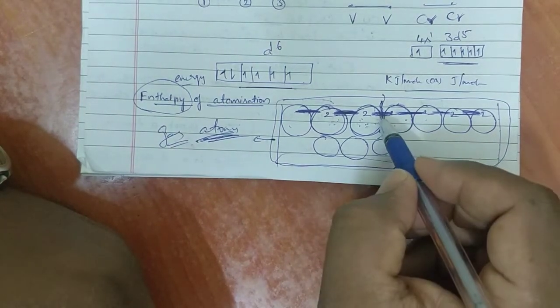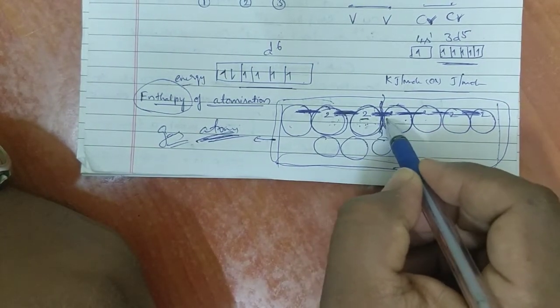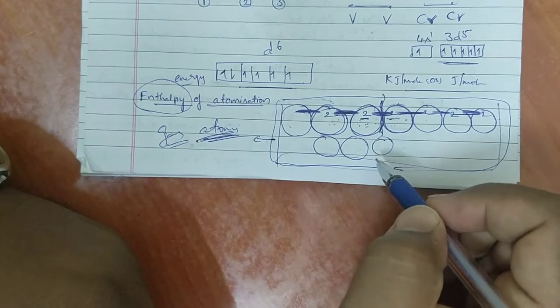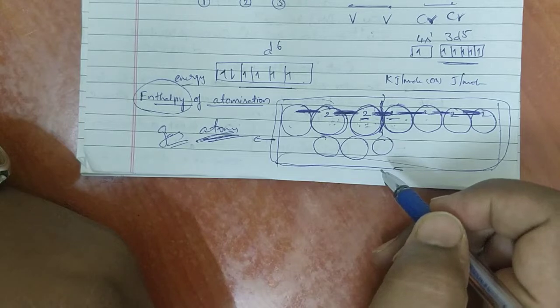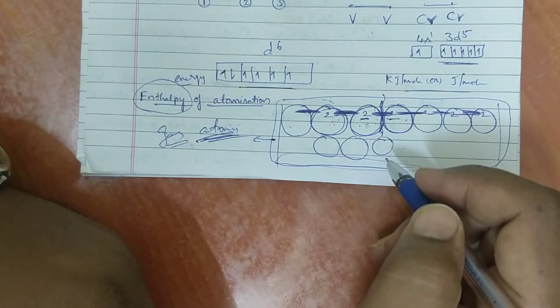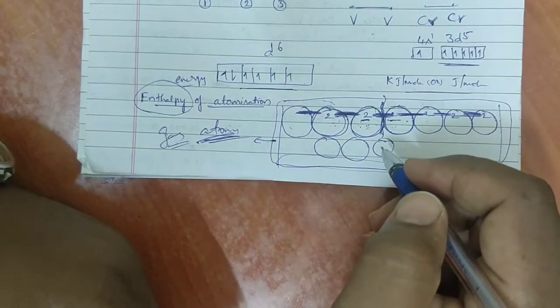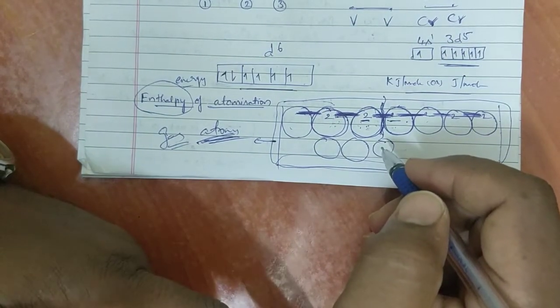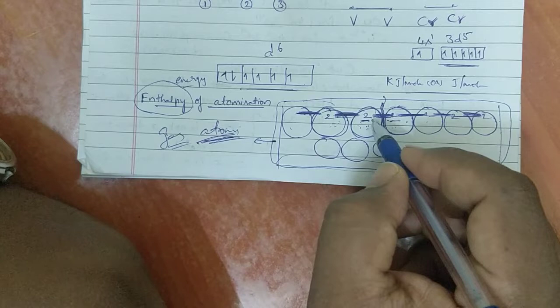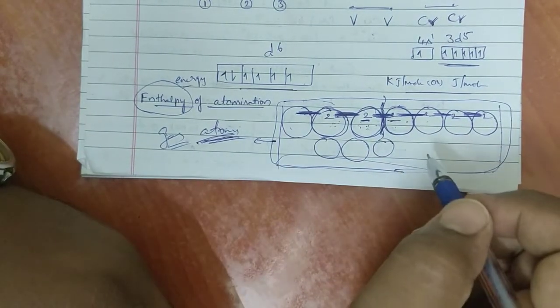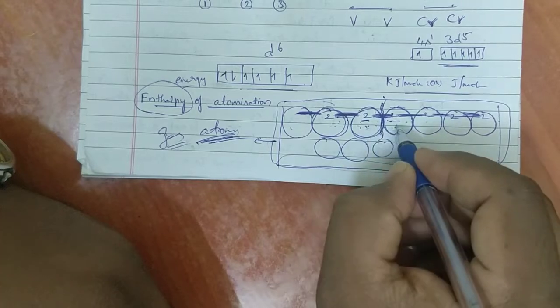Now, when the number of unpaired electrons is increased, the metallic bond strength also increases. When the metallic bond strength is increased, it requires high enthalpy of atomization. Automatically, energy of atomization is also high. When the attraction between two atoms is increased, we need more energy to break the force. Here only 2 unpaired electrons are there.